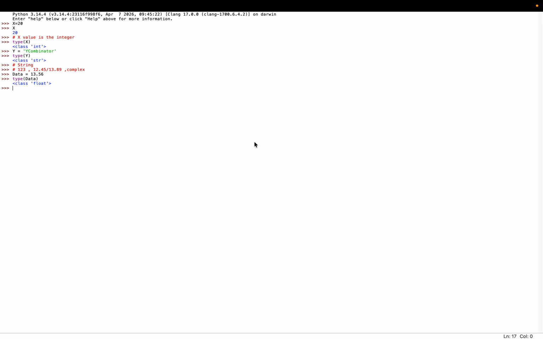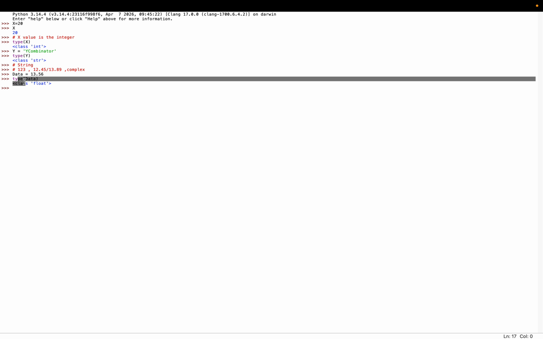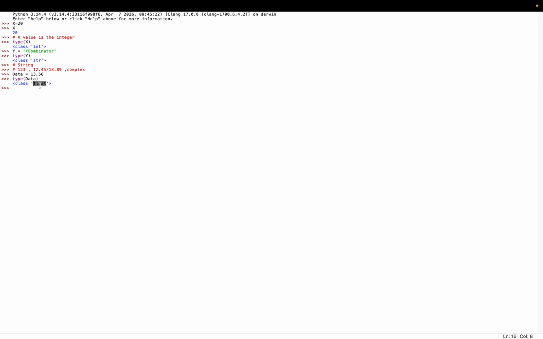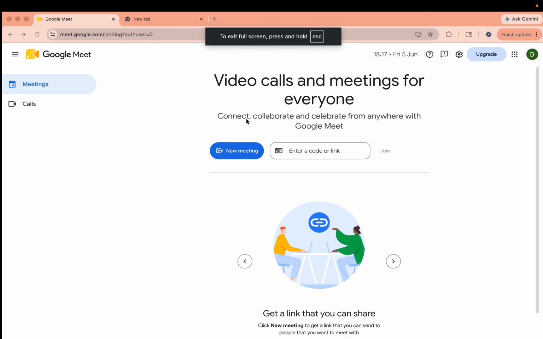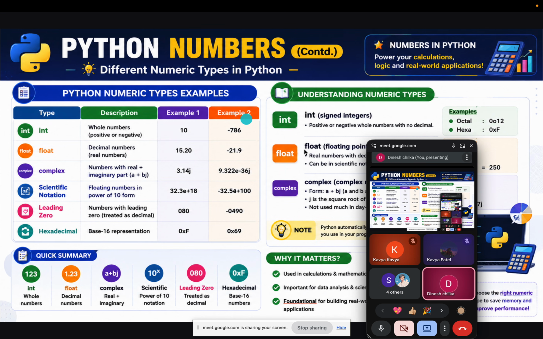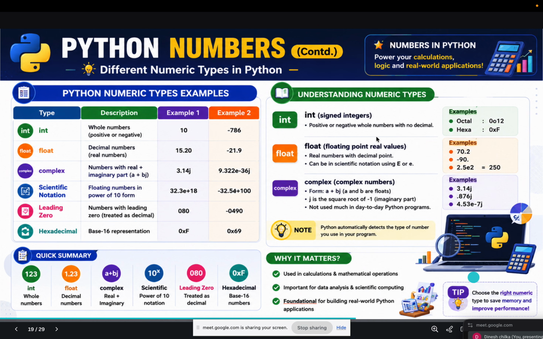Automatically you can see the class is coming as float. Now you can see integer, the normal numbers, positive or negative, whole numbers with no decimal. The float has decimal values, like 17.2 and 85.2. These are all numbers actually.